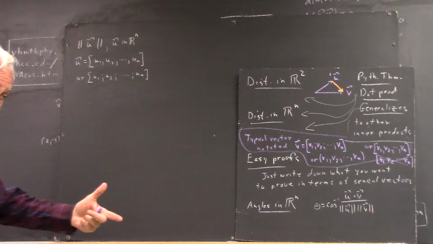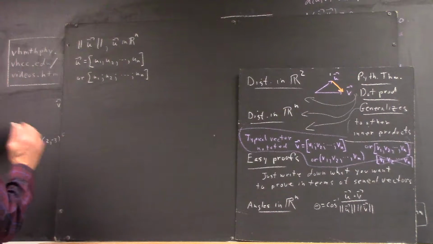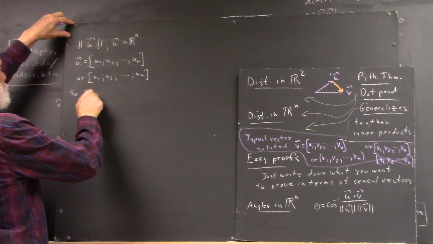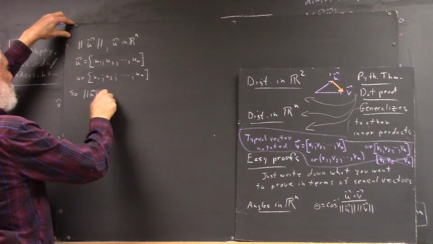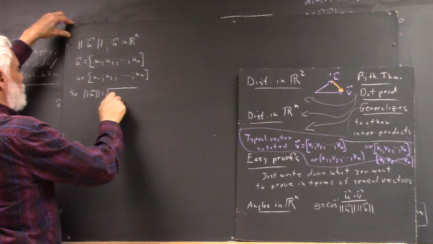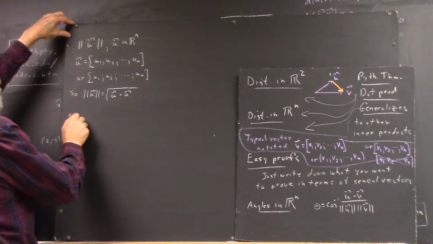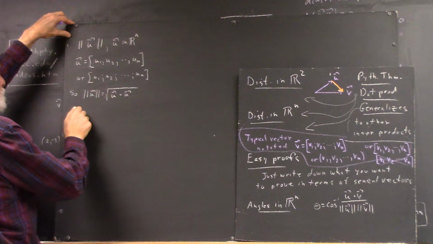Well, hopefully you've done that. If you haven't, pause and do it. But so magnitude of u is the square root of u dot u. And what's that equal?